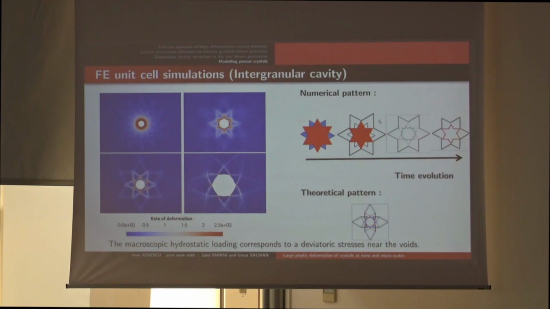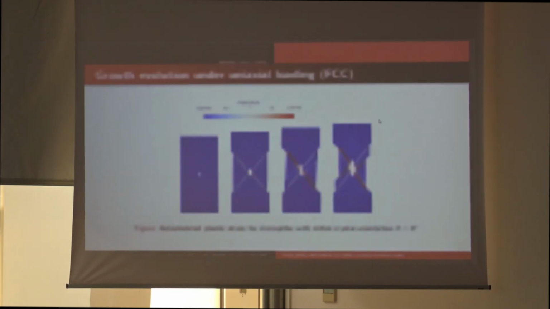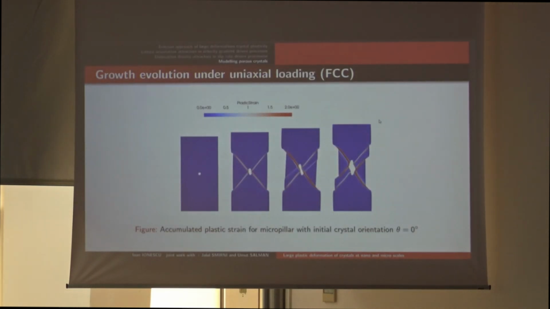This is the theoretical and numerical pattern, and here we have other examples where we have a void in a pillar which is in traction, and what happens with the shear bands and so on.